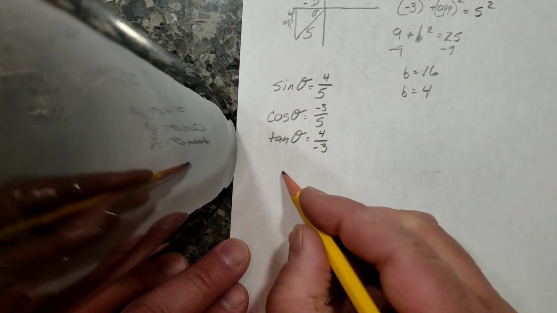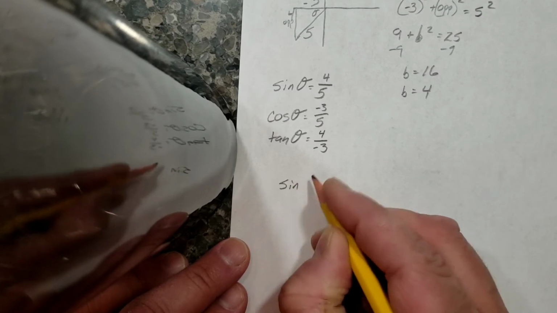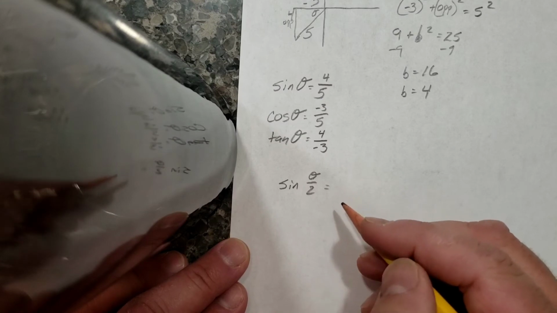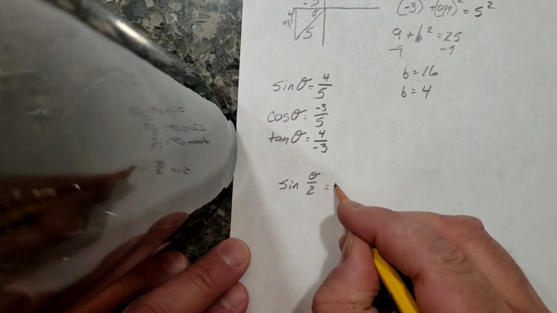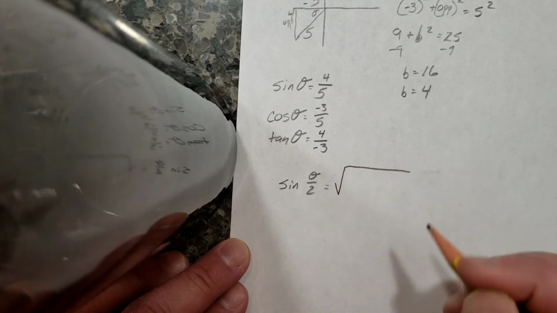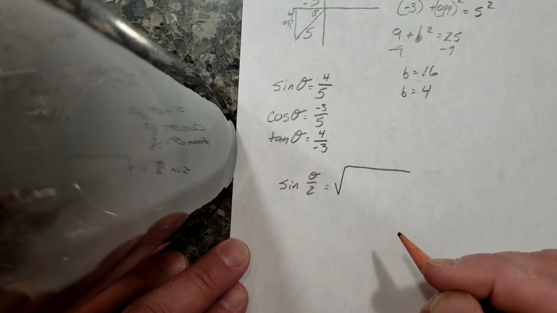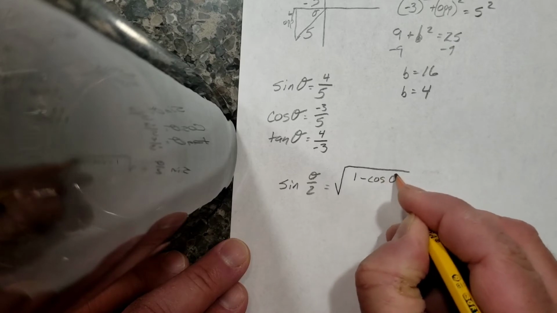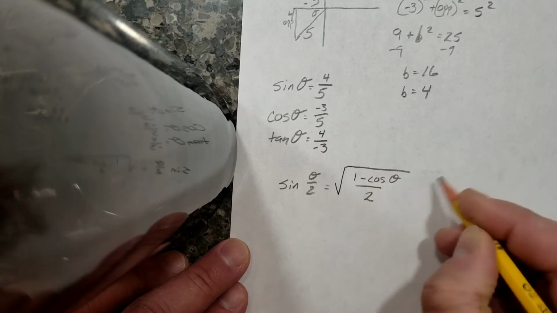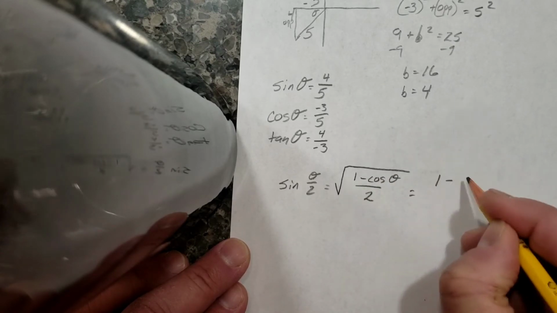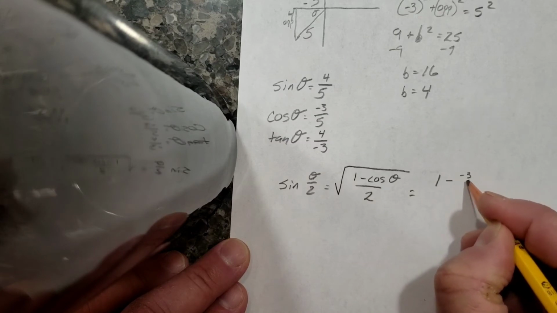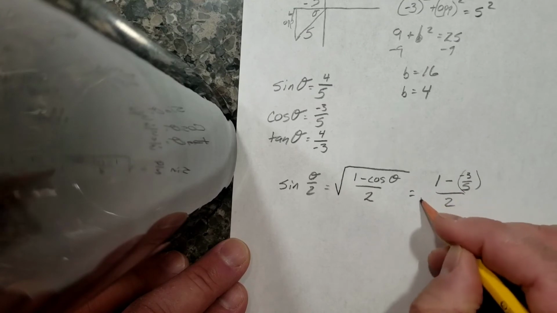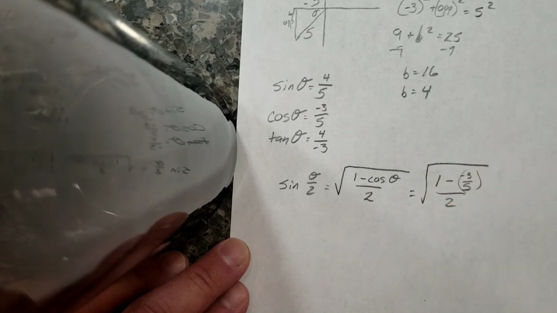Now we'll start with sine of theta over 2, and since we are in the second quadrant, you're going to get the square root of 1 minus cosine theta over 2, which is 1 minus -3/5 over 2, and that's all under the radical.